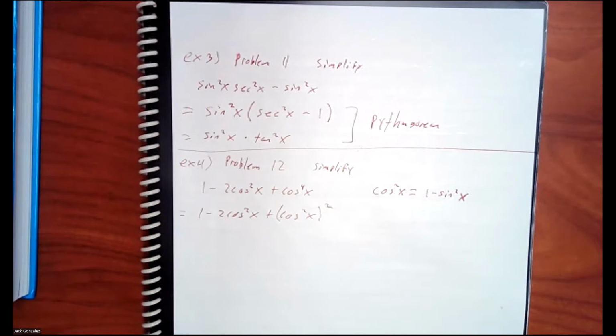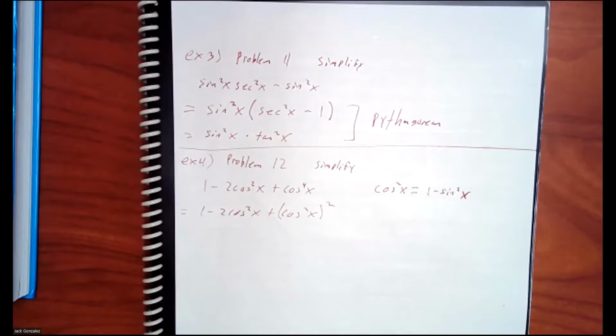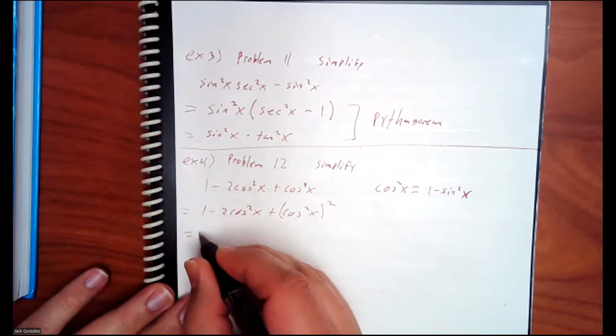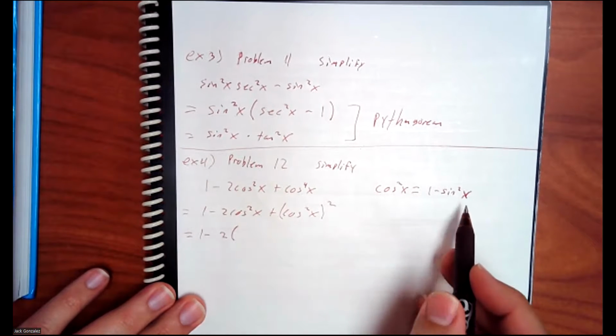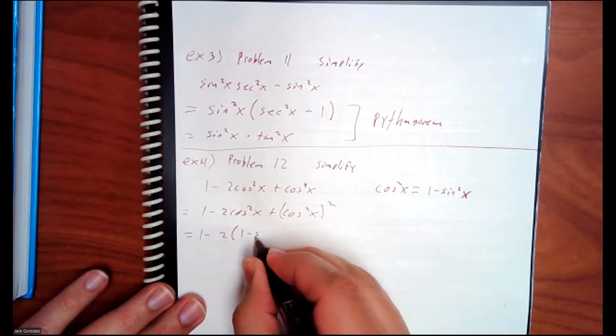When I see a square, think of Pythagorean. When I see tangent, think of quotient. When I see something strange, maybe try a reciprocal. So you just got to try something. So here we go. I'm going to replace every cosine square with this, and I'm going to hope that does something.